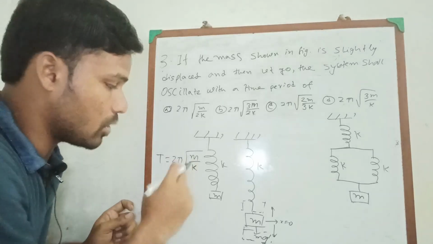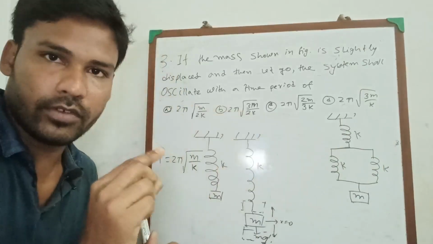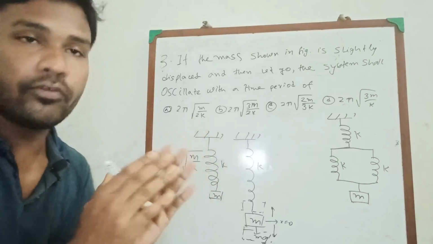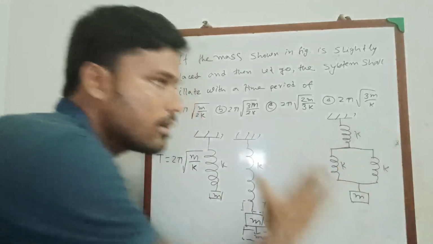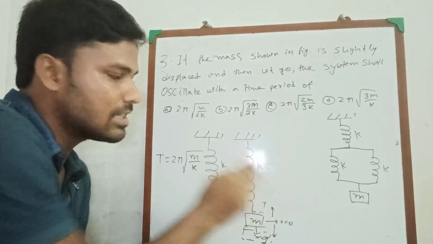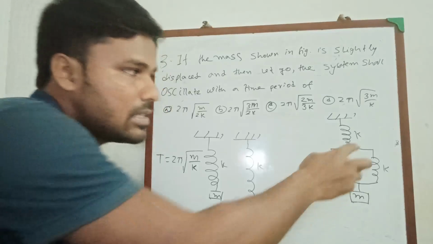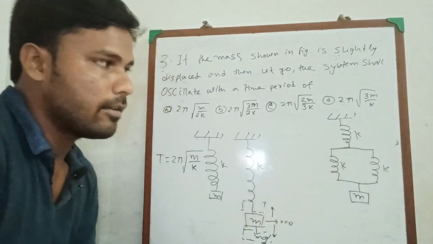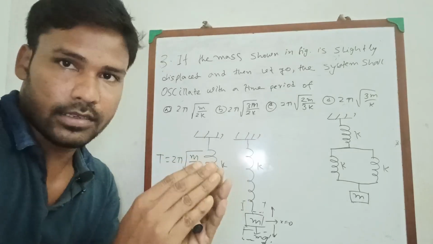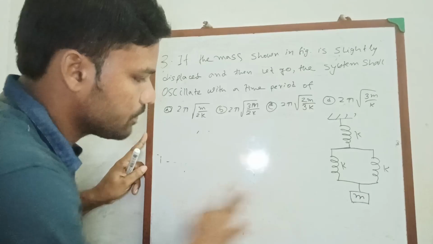So for this system you first have to calculate the equivalent spring constant, k equivalent, for all of these springs. Here there are three springs, k and k. So how to calculate it?